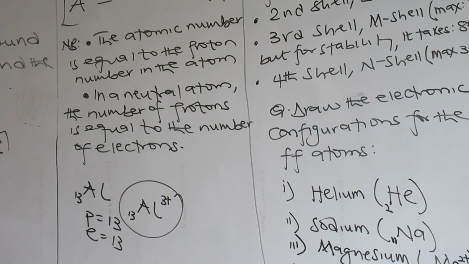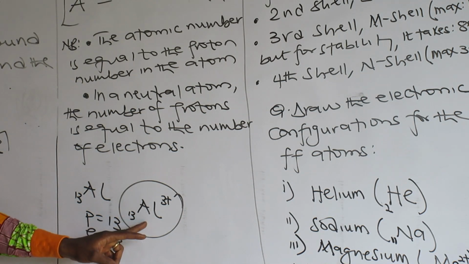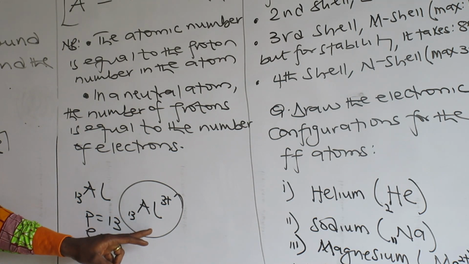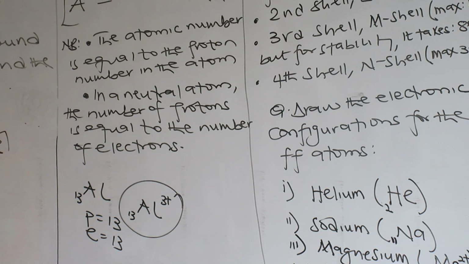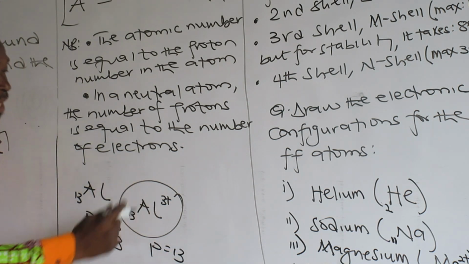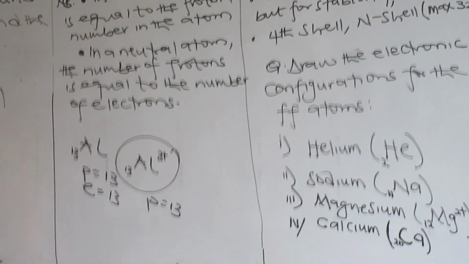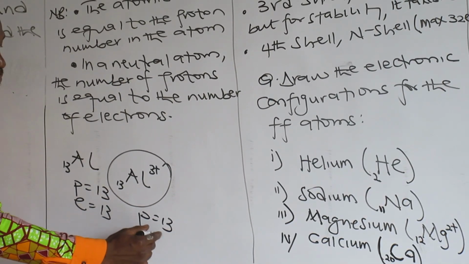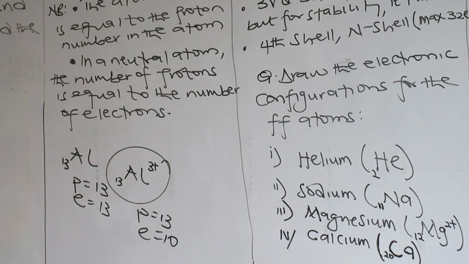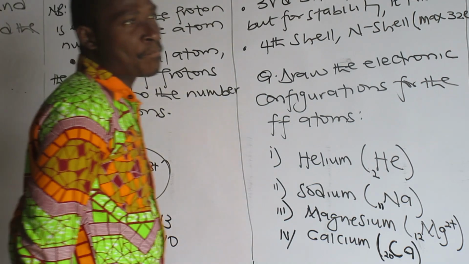It's opposite to human life. So this aluminium has lost 3 electrons, so it's a cation. The number of protons does not change. It's the same as the atomic number. Now what will be the number of electrons here? It will be 10. Why? It has lost 3 electrons. Are you okay now? Let's try another one.